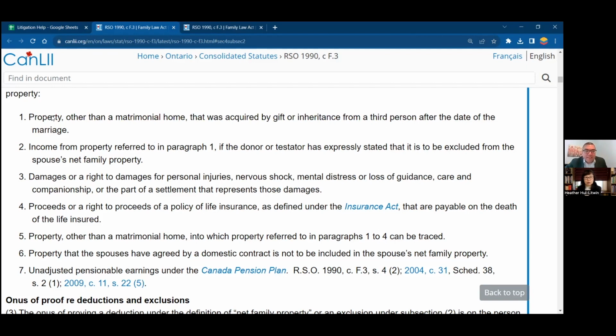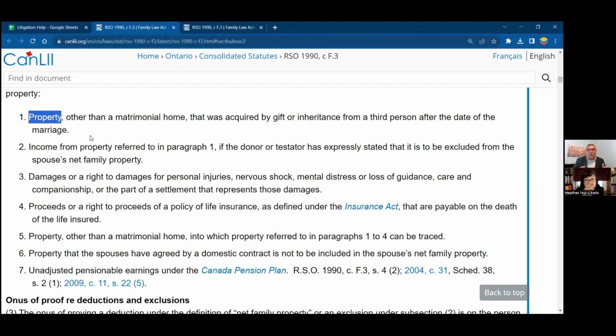Number one is it's property. It's something that exists. It's not the pay down of debt. That's really important. This is the prototypical inheritance case. Let's say you receive an inheritance during the marriage, you can take that money and put it in different places.